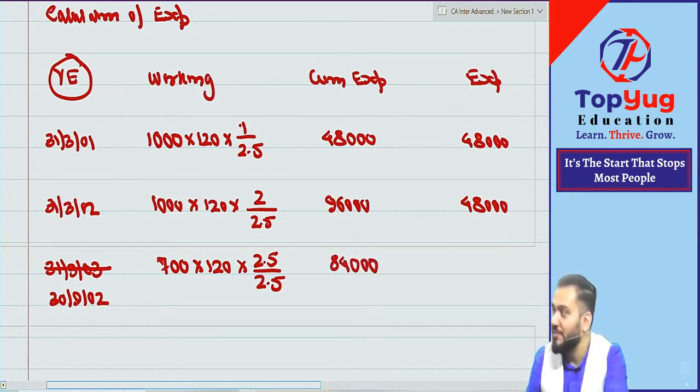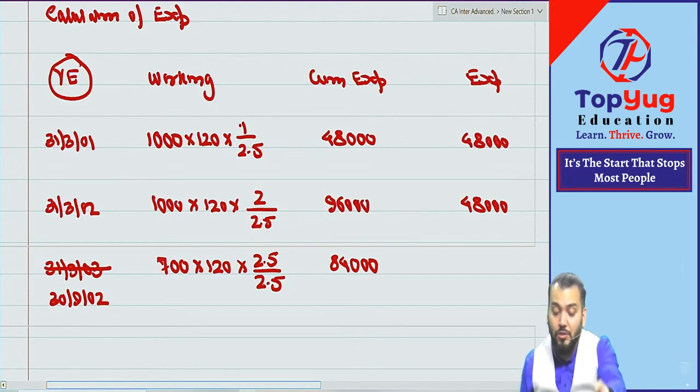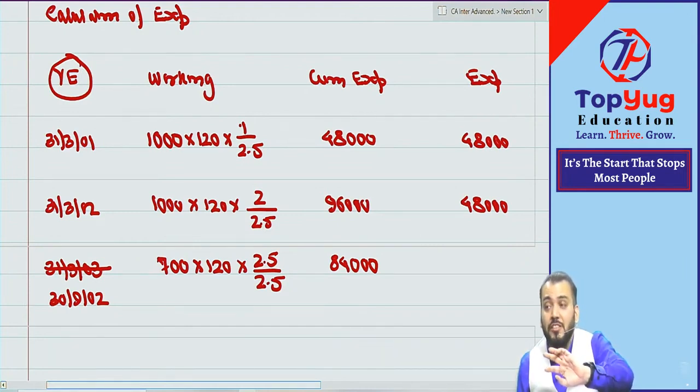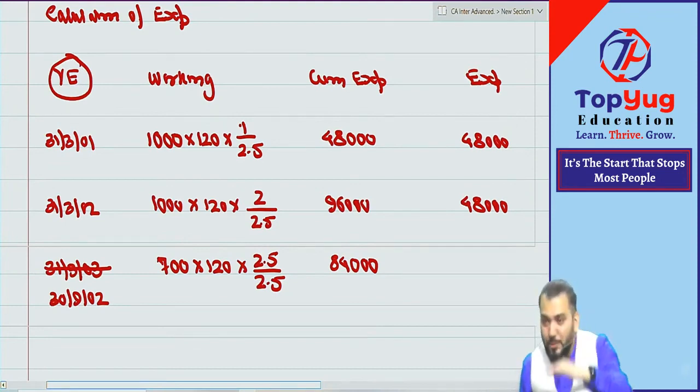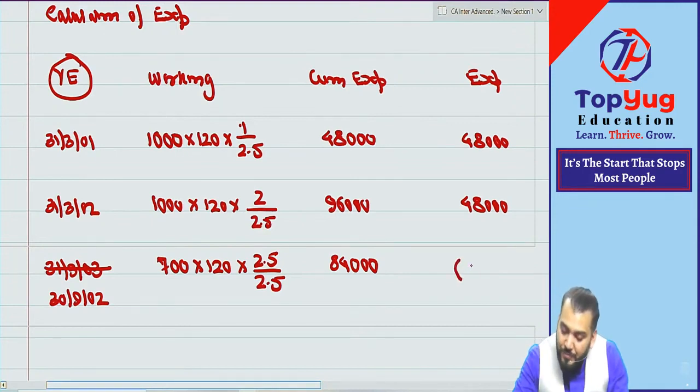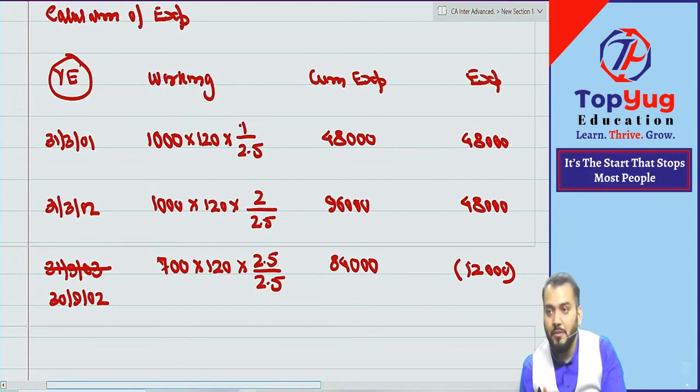Now you can see that last year we recognized an expense of 96,000, but on reassessment we found that 96,000 should be 84,000. So it means we should reduce our expense. How much decrease? 96 minus 84, how much? 12,000. Now, good question. Correct.